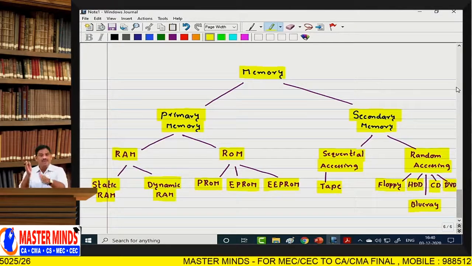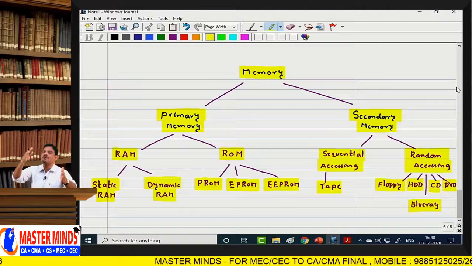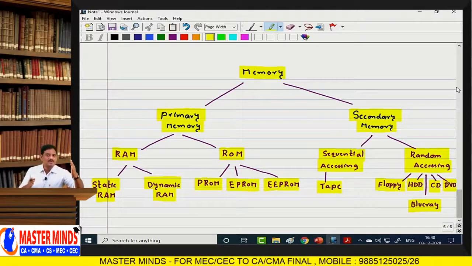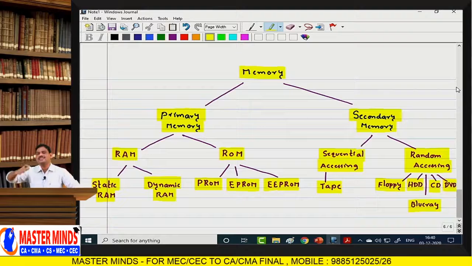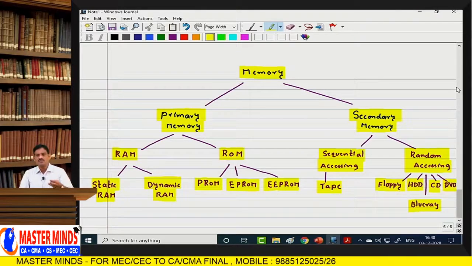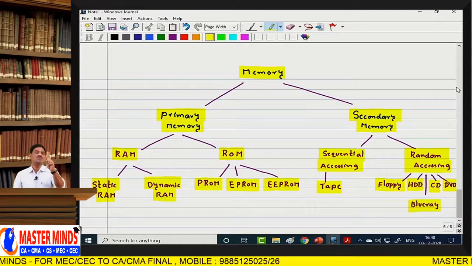But when compared with primary memory, secondary memory is somewhat slow. When compared with primary memory, secondary memory is less expensive. For example, the cost of 4 GB RAM may be around 2000 rupees.